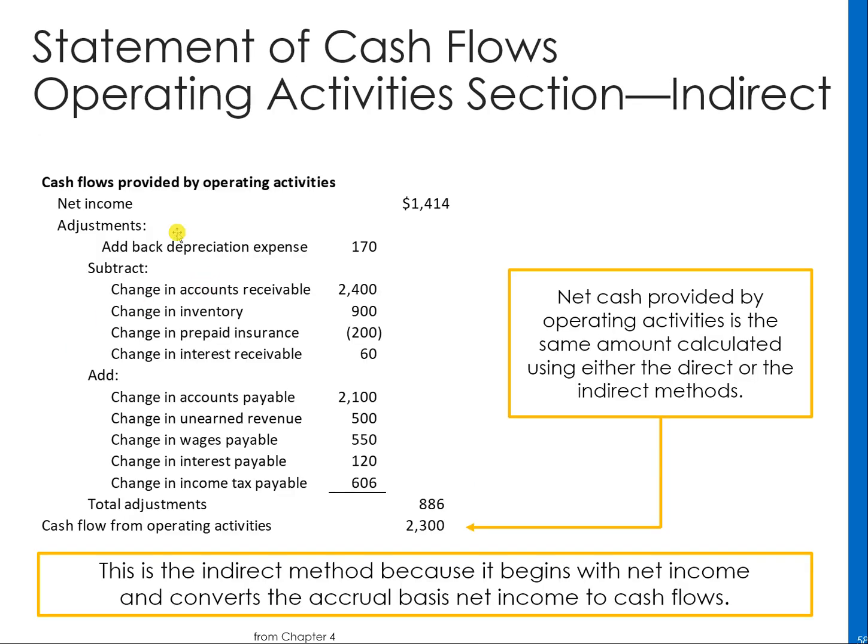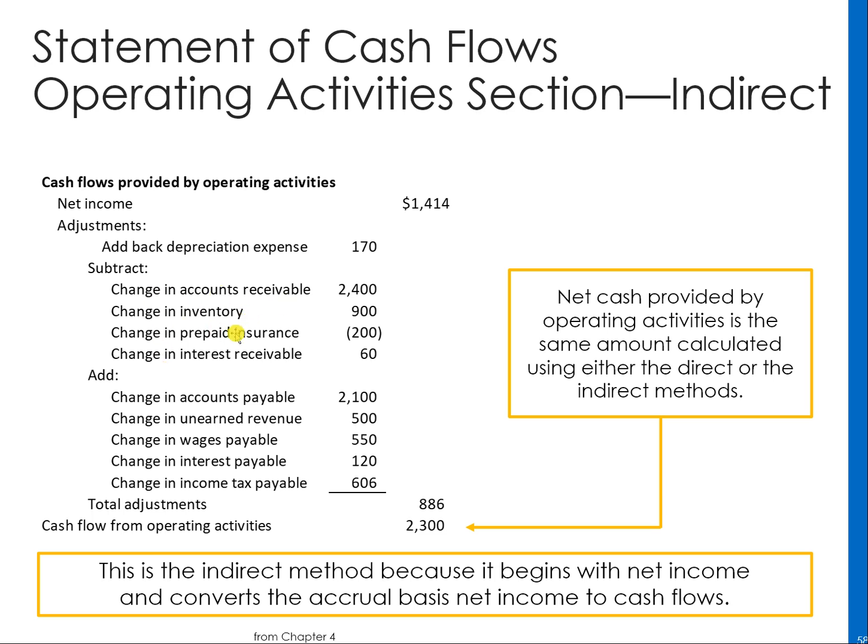This is what we do. We start with net income, and we're going to add back depreciation expense, which has no cash implications. We're going to subtract any increase in our operating current assets.